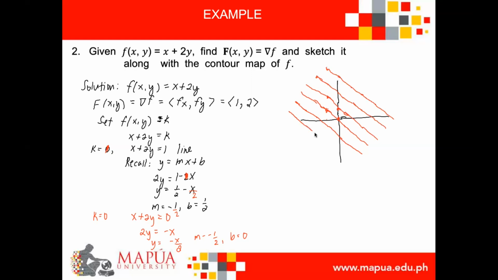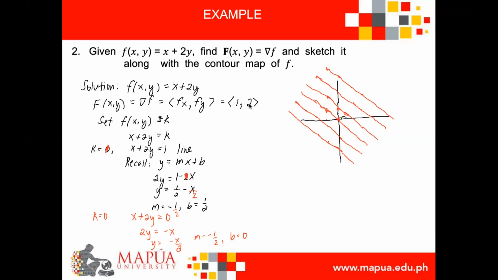And if you're going to draw the vector that is orthogonal to the contour of your contour map of your function f, this can be obtained by having the components of your gradient f, which are both constant.